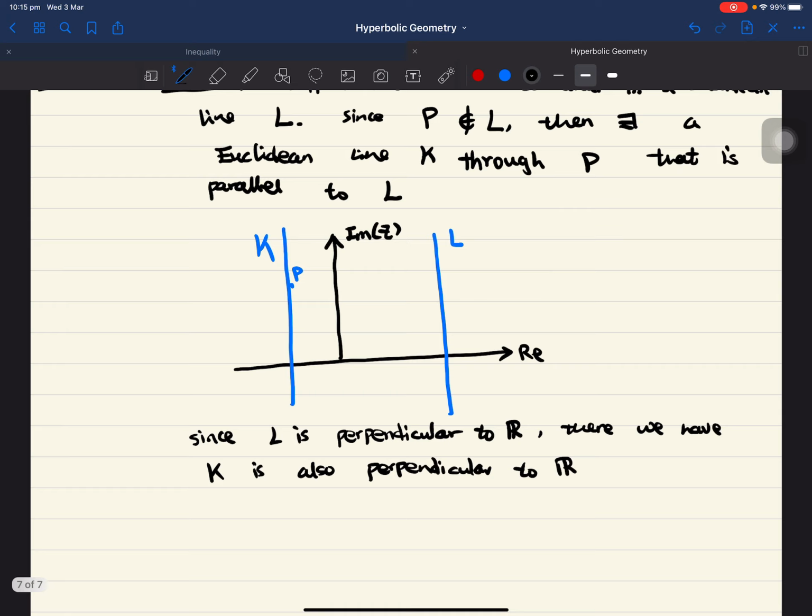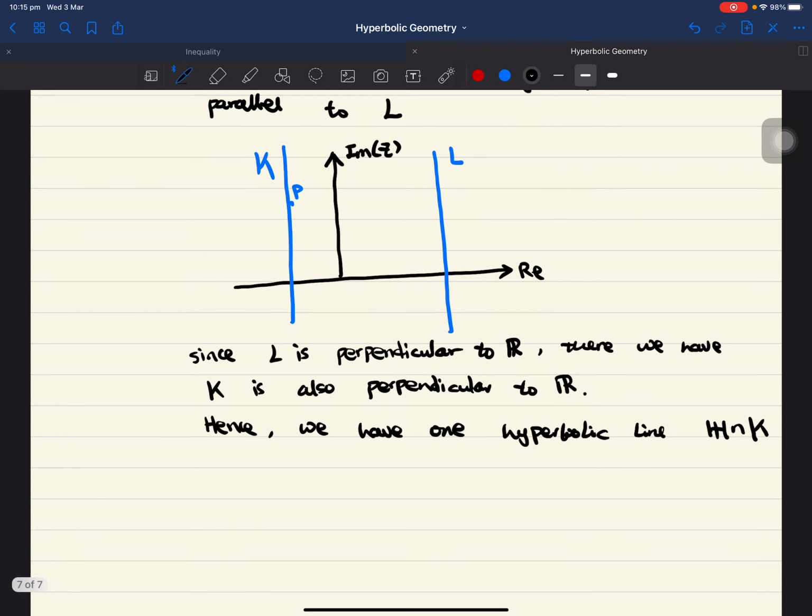Then we have one hyperbolic line. Hence, we have one hyperbolic line, K intersecting H, that passes through P and is parallel to L.